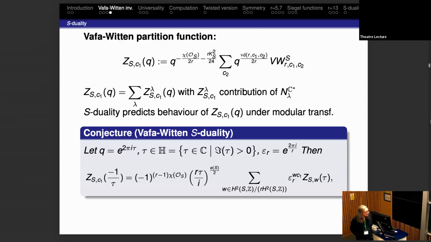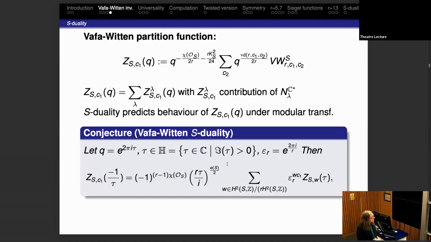then I can consider what happens if I replace tau by -1 over tau. We want to have some kind of modular property. So the non-trivial element in SL2Z for considering modular forms is the S transformation, which sends tau to -1 over tau. And in that case, we get this transformation behavior: you have some transformation like a modular form of weight, Euler number of the surface divided by 2, some trivial factor.